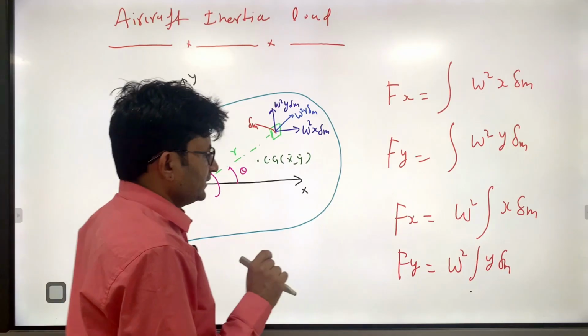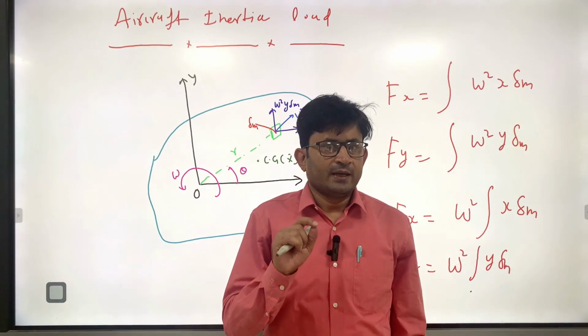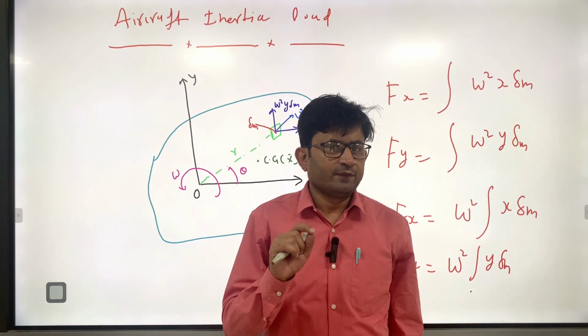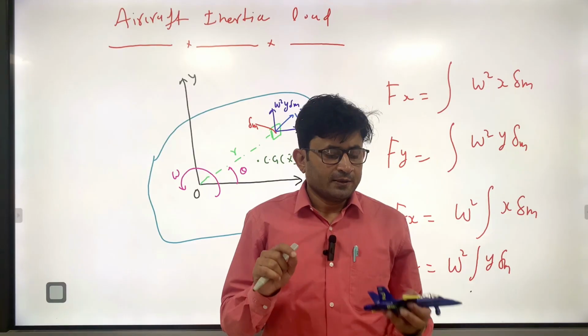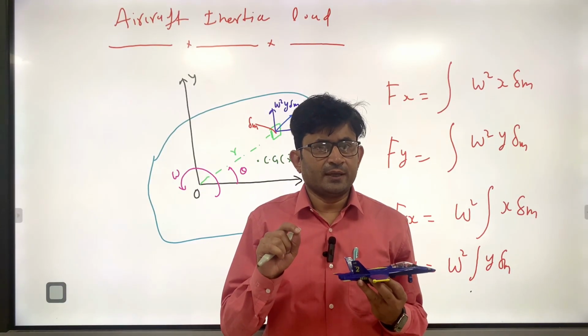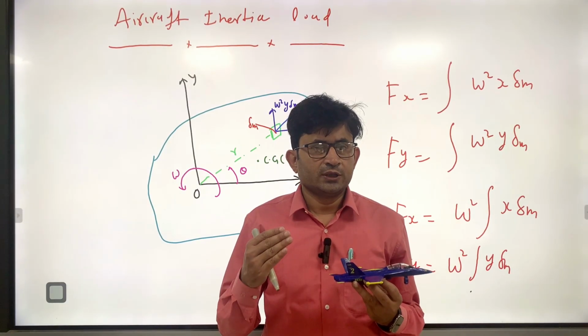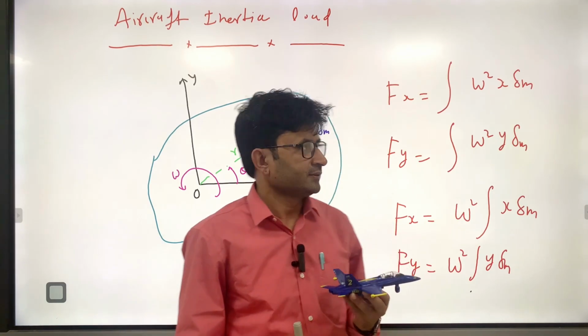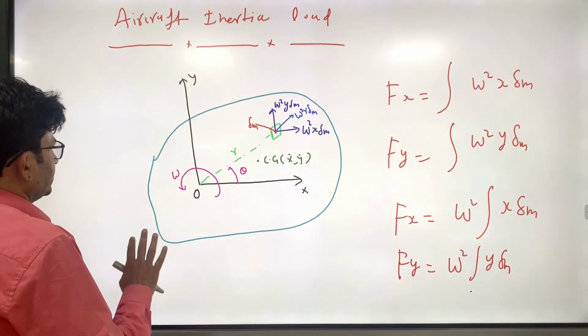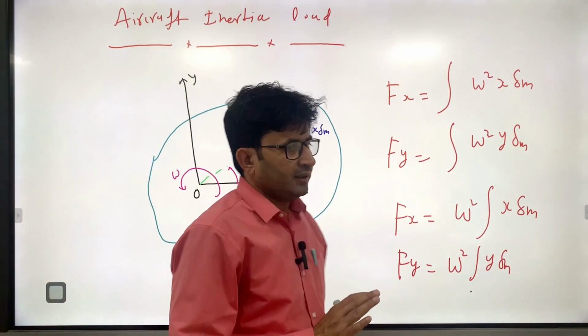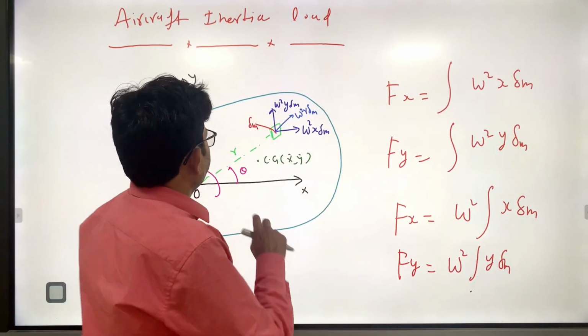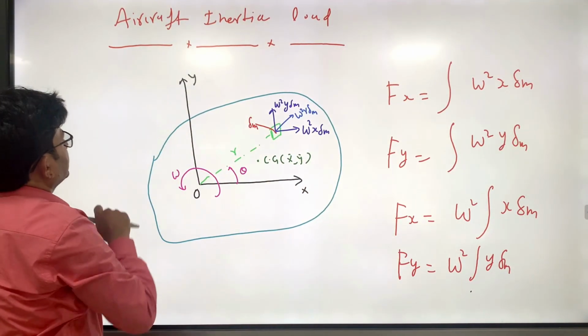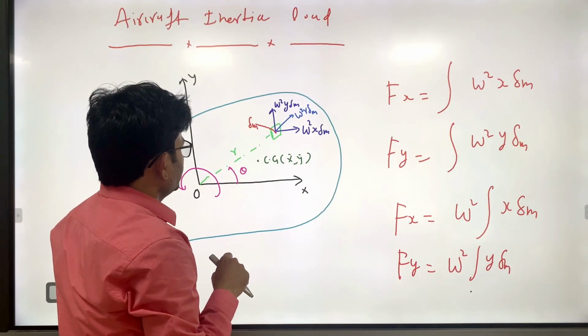That means you can say the aircraft will experience the maximum amount of load during acceleration or deceleration. So keeping this in mind, we will cover the aircraft inertia load.